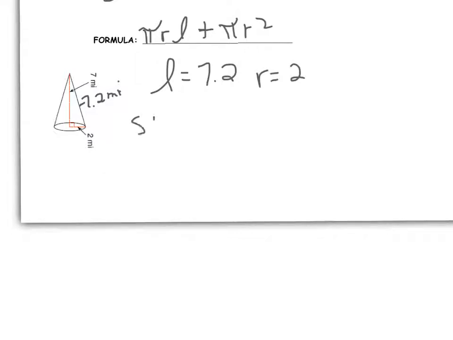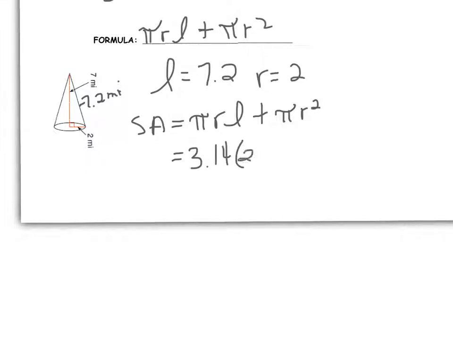So now the surface area formula is pi times the radius times the slant height of the cone plus the area of the circle, or pi r squared. So we'll use 3.14 times 2 times 7.2 plus 3.14 times 2 squared. Okay?